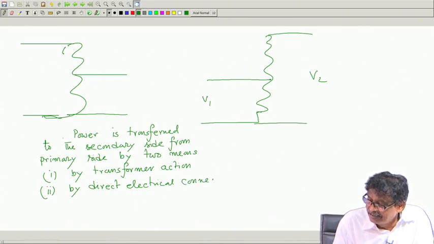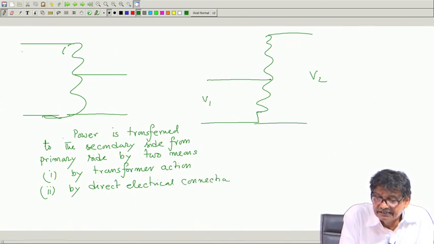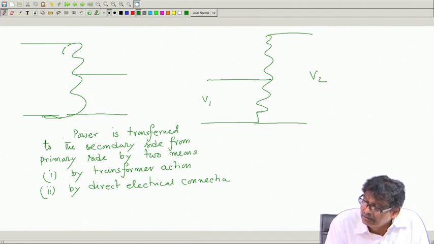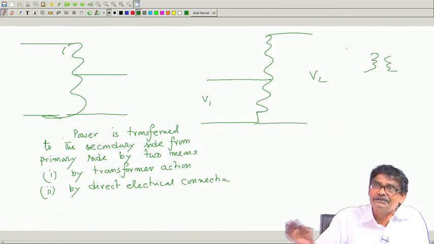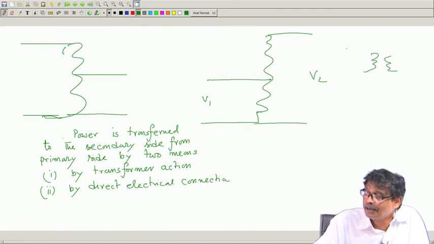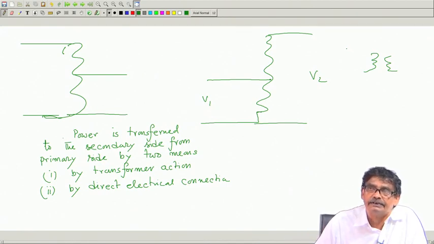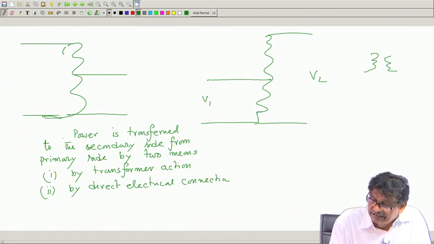What is this direct electrical connection? In this case, through this, whether there was some induced voltage or not, still power would have been delivered. Here also there is a direct connection, but as a 2 winding transformer, that electrical conduction transfer from primary to secondary is not there, because there is no connection between these two.